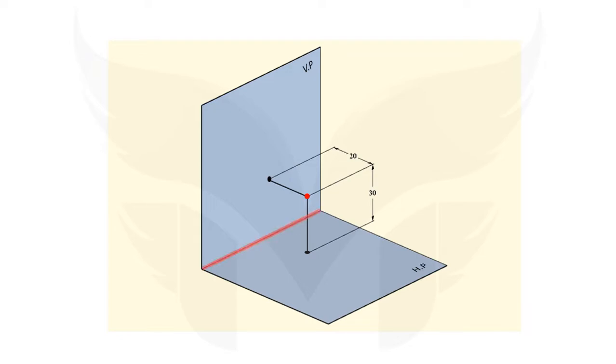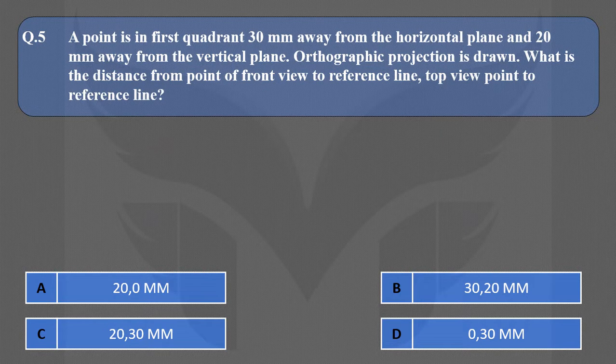This common line of both HP and VP is called the reference line. So, the distance of the front view of the point from the reference line is 30 mm and the distance of the top view of the point from the reference line is 20 mm. So, the correct option is B, 30 and 20 mm.